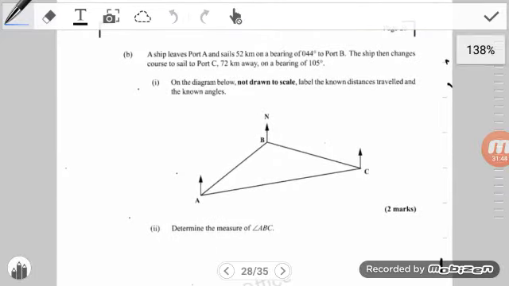So we're on to the bearings section. This is the application of the trig rules, such as the trig ratio maybe, or the cosine rule or the sine rule. So bearings is just really an application part of trigonometry.